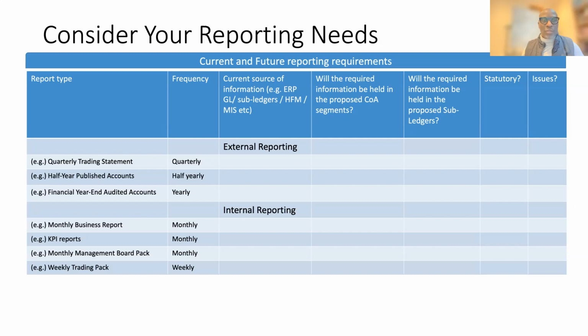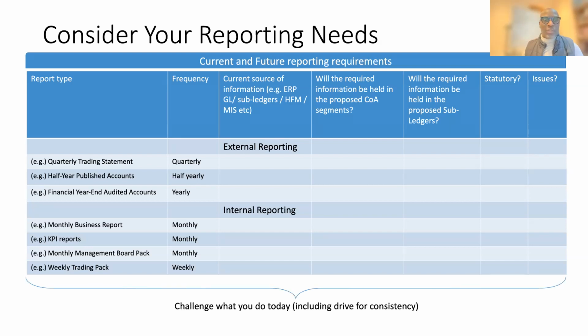You can use a similar table like this to identify those types of reports and the information required in those reports, because it's the information that is required that will determine the data that you need in your segment and how you want to structure it.